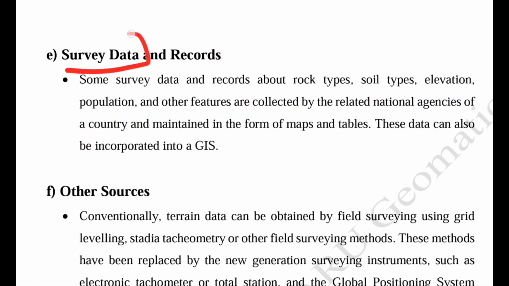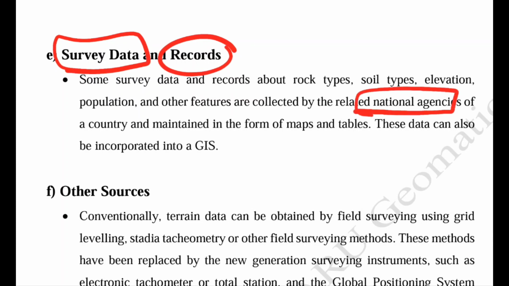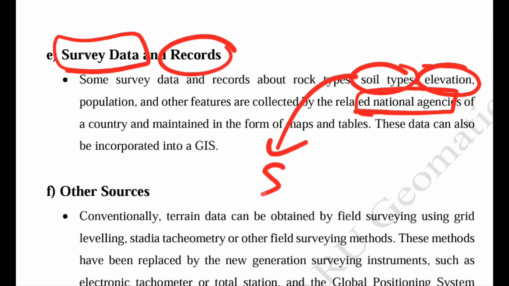Means survey data is one thing, and records means there are many national agencies and NGOs also that collect data, like population data and other surveys. By surveying we can record elevation data and soil types, and these data are stored in the form of maps and tables.